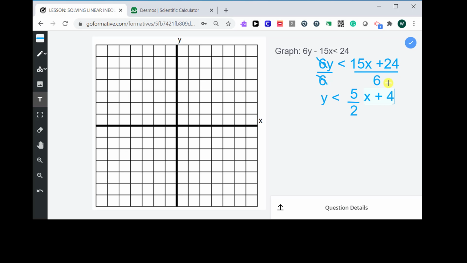That would be +4. So right there, we got our inequality with the y alone. So in this case now, we can identify our slope, and our slope in this case is 5/2, and our b is positive 4.